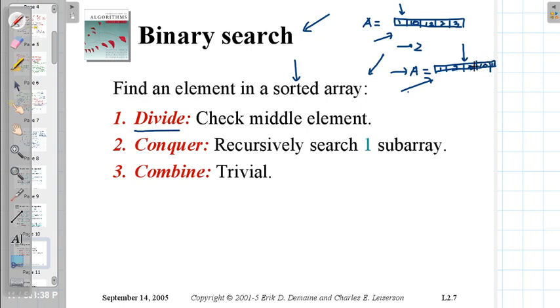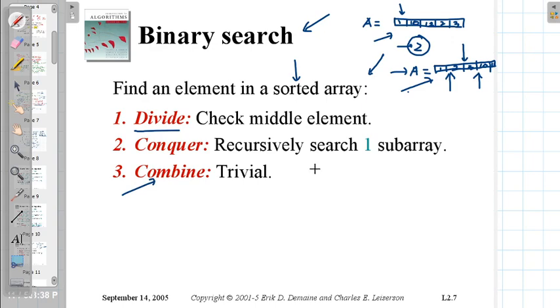So we have to find the middle element, and then check whether the middle element is equal to the element I am searching. If the middle element is not equal, then recursively we have to search one subarray. Either this subarray or this subarray we have to search. And then the combine operation, there is no combine operation involved as such here, so the combine operation is trivial.